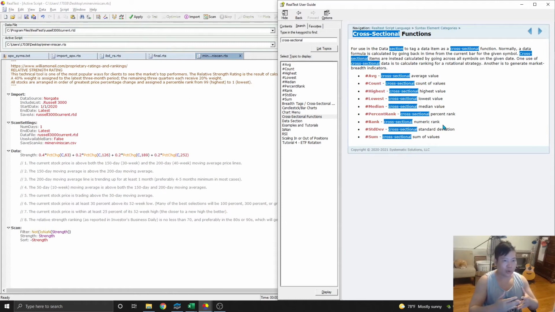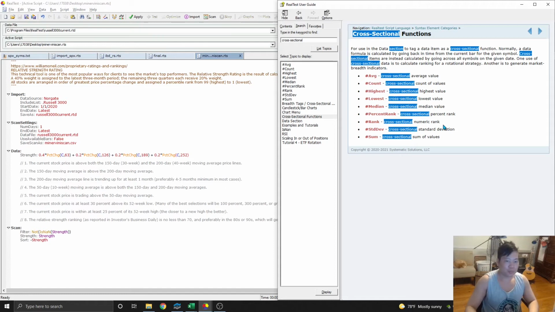There's time series or absolute data, which is, for example, if you're calculating the moving average for one symbol across many points in time, as opposed to cross-sectional functions or relative data, where you can imagine an Excel spreadsheet with your dates on the vertical axis and your multiple symbols on the horizontal axis, and then you pick one date and calculate across the row, or take the cross section, or take the relative value for that one date, multiple symbols. That's what these would calculate.